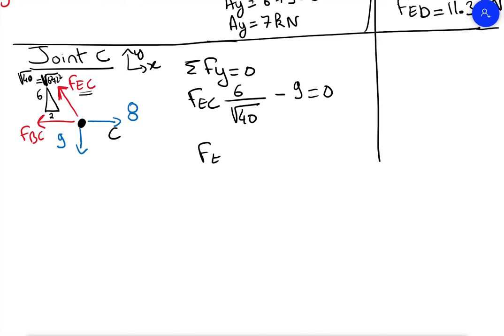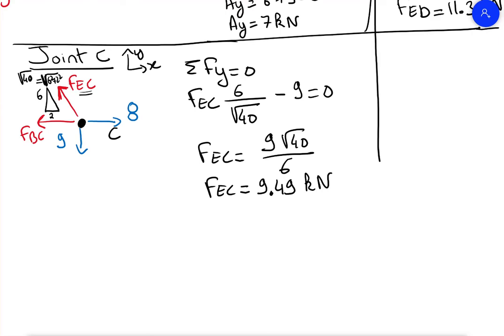So FEC is equal to 9 square root of 40 divided by 6, which is 9.49 kilonewton. And that's the right direction, so it's tension.